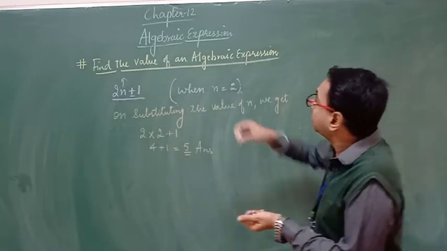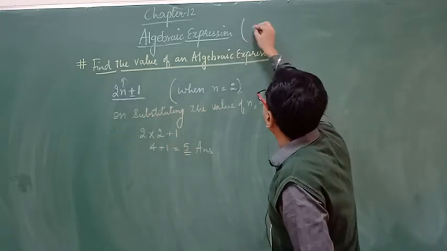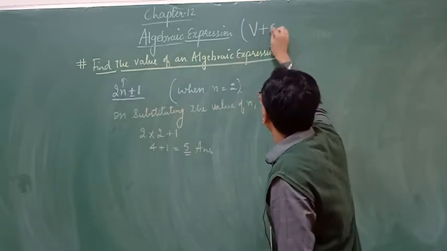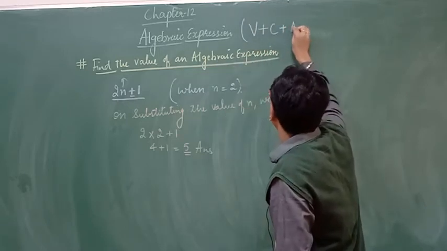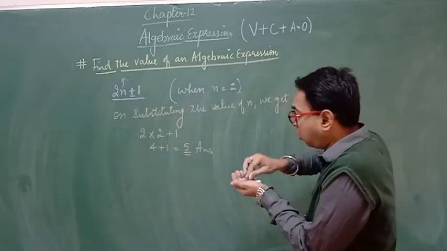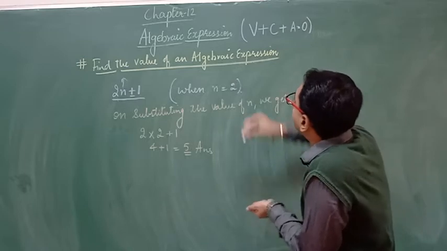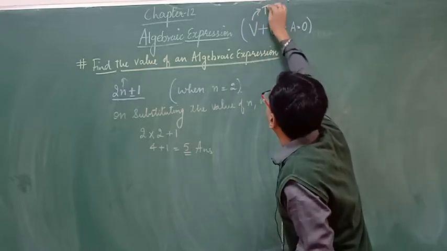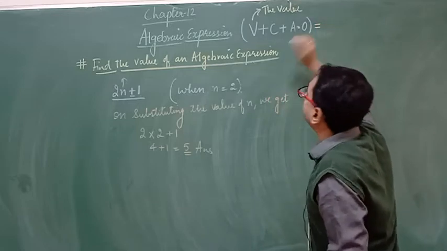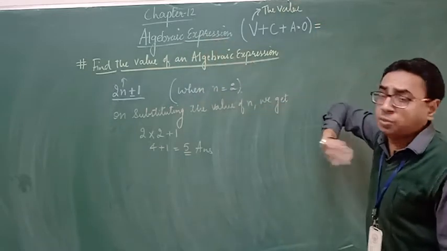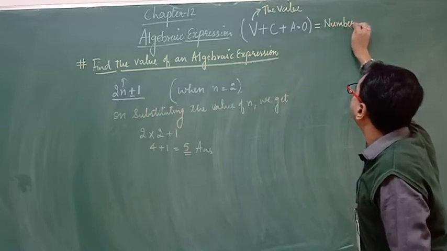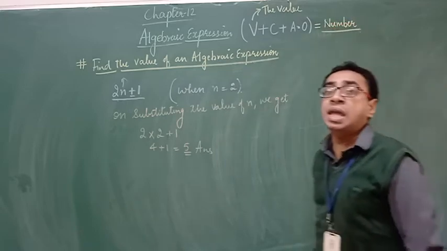Why? Because an algebraic expression is the combination of variables, constants and arithmetic operations, right? So, knowing the value of the variable, we can convert this algebraic expression into a number which can be understood by anyone.